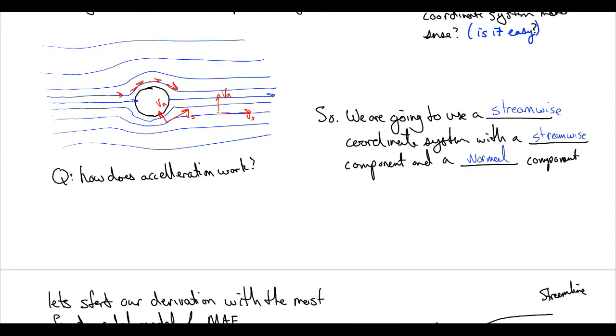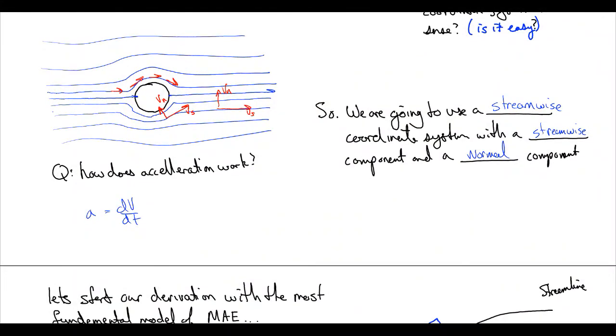So, how does acceleration work in this coordinate system? Well, we can write that acceleration is equal to dv dt. That's what you're always familiar with, right? And further, we can use the, oh gosh, it's been like 2 decades now since I took calculus. I always forget this every year because I only say it like 2 or 3 times a year.